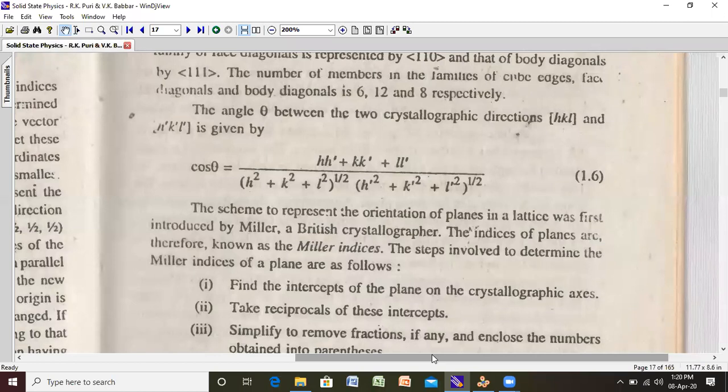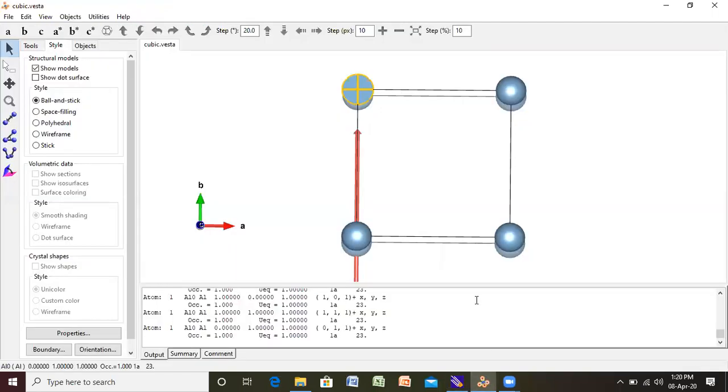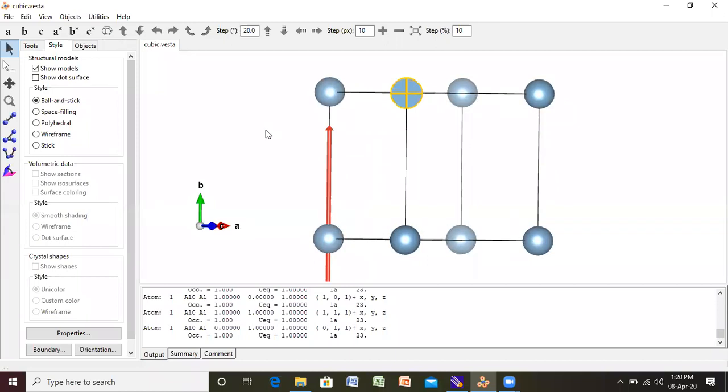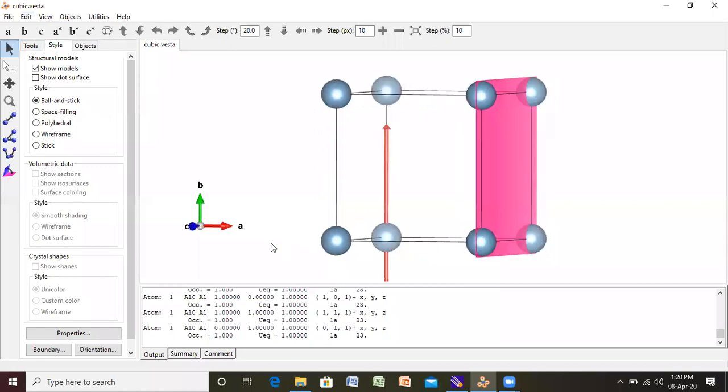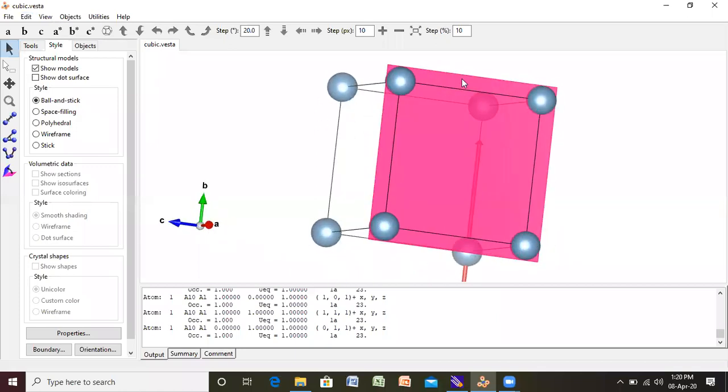We continue. If I show you graphically how I can draw the plane, let's suppose if I want to show you the lattice plane, I draw it here like this. Okay, this is a lattice plane. You can observe that this is a plane.